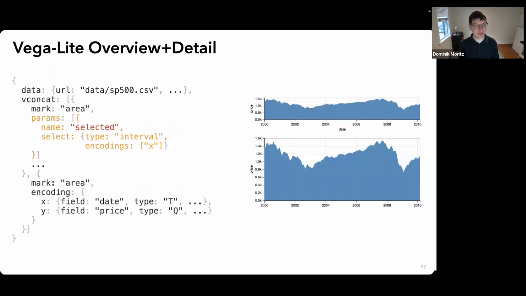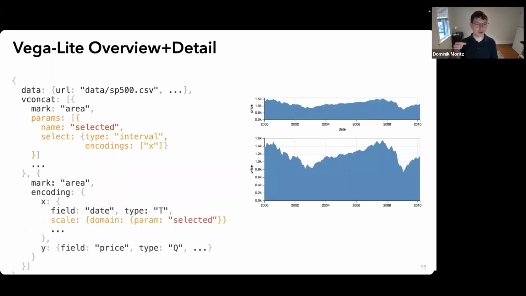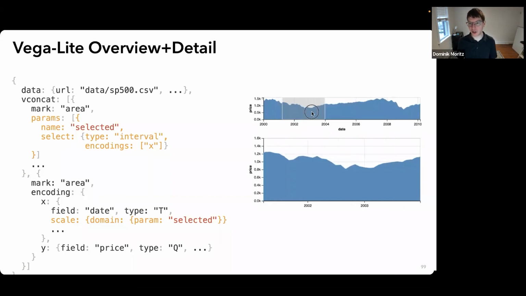But we can then use this in the second chart to set the domain of the scale. Here we're not letting Vega-Lite do the automatic binding to the scales in the first chart, but we're using it to drive the scale domain in the second chart. And now we get this focus and context interaction where you can see the details of the selected range in the bottom chart. It's the same concepts, just applied to the concatenated chart.